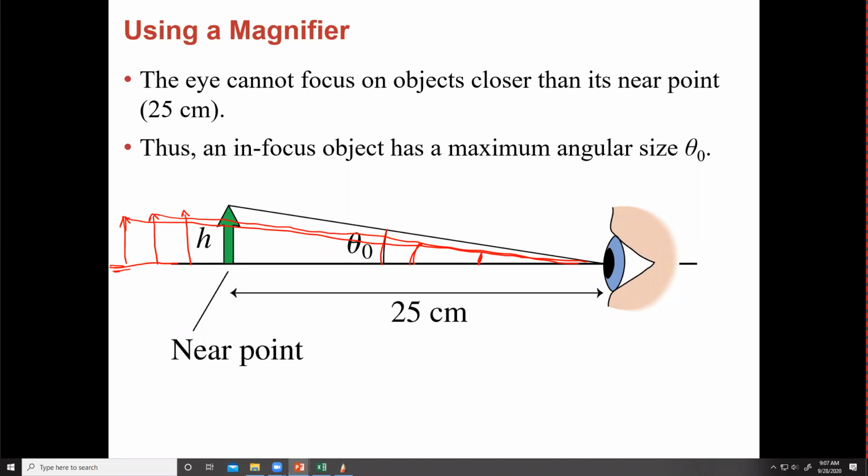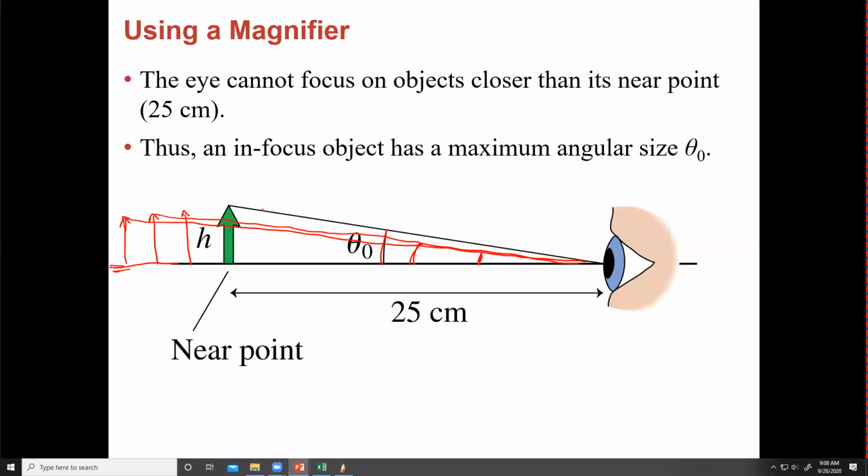If you saw the last lecture, our near point is 25 centimeters. Anything up to 25 centimeters is seen very clearly. But if we move the object closer than that, we'll have a hard time focusing, and it will look a little blurry. So our limit to view the object clearly is the near point.